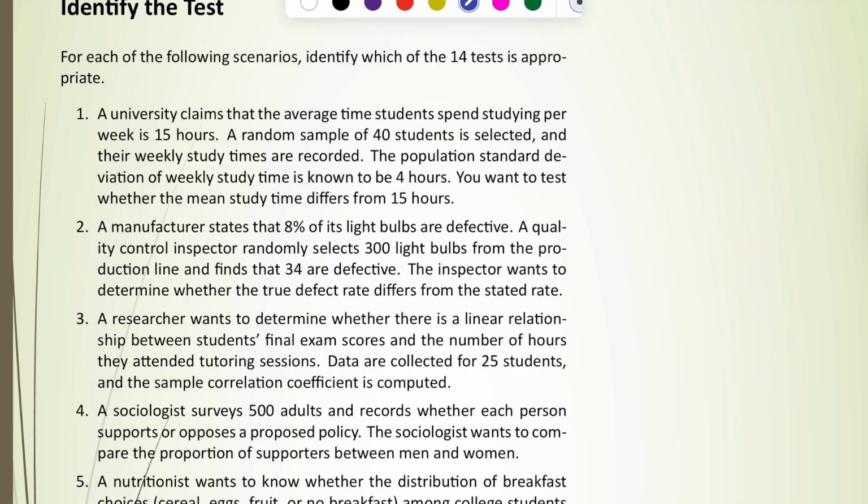A university claims that the average time students spent studying per week is 15 hours. All right, so you've got this average. So students, there's just one population here, and they claim that they spend 15 hours. It's an average. A random sample of 40 students was selected. The population standard deviation of the weekly study time is known to be 4. Okay, so I've heard enough.